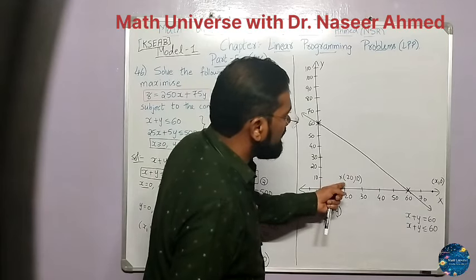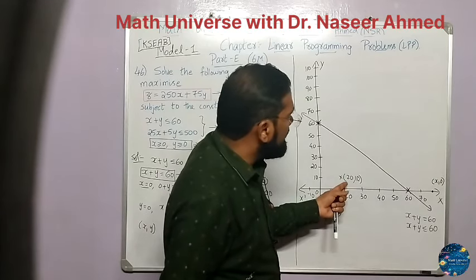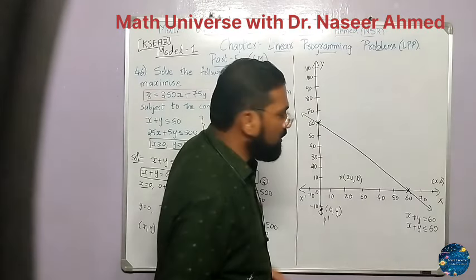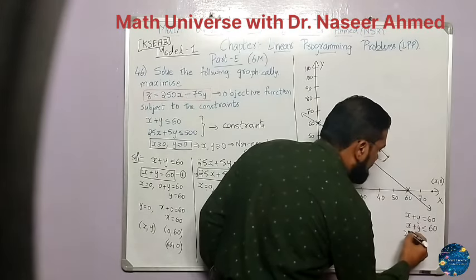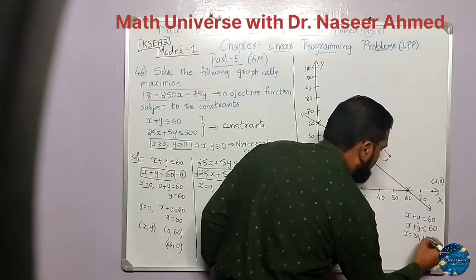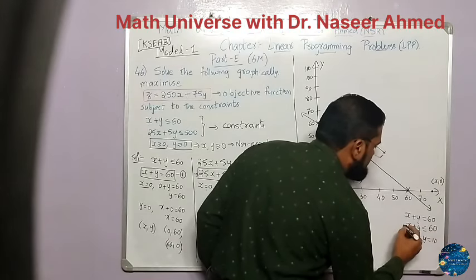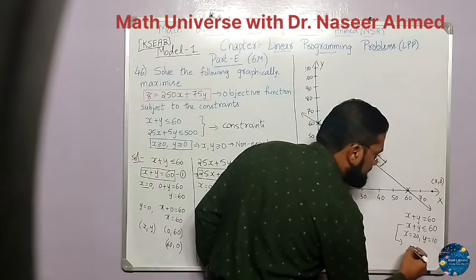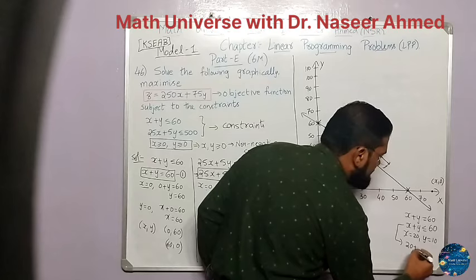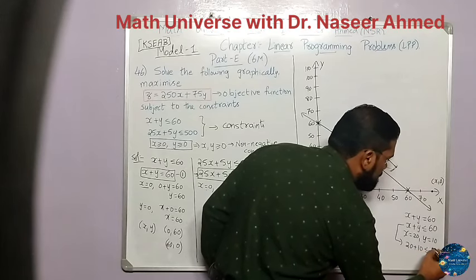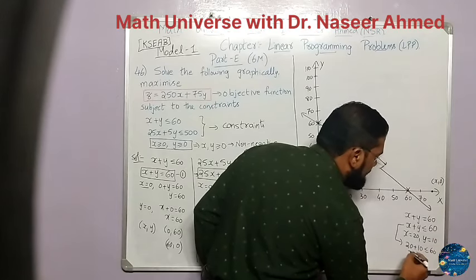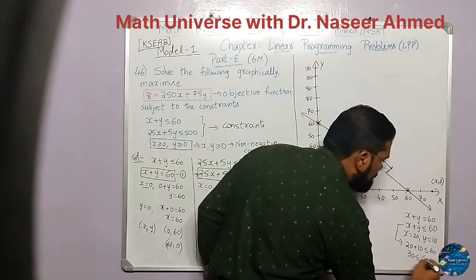Now let us put it here, and we'll see whether this inequality is satisfied by this point or not. So when I take x is equal to 20 and y is equal to 10, this inequality will give us 20 plus 10 less than or equal to 60. 20 plus 10 is 30, less than or equal to 60.